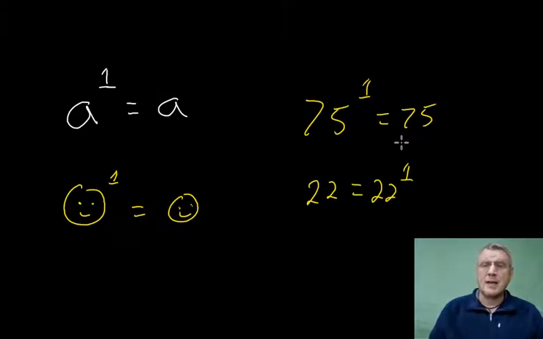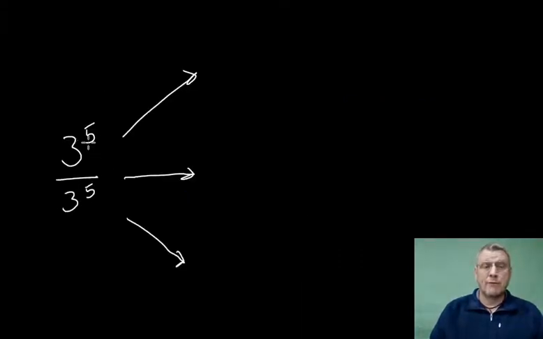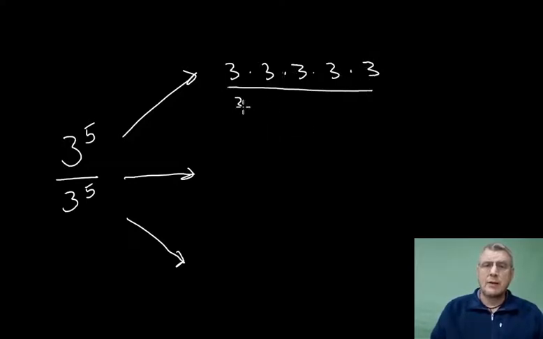But what happens if it's 0? I want to use division to describe that again. So here I have 3 to the 5th power divided by 3 to the 5th power. Now we can go ahead and right up here, we can write 3 times 3, I'm going to write that 5 times, all divided by 3 times 3 times 3 times 3 times 3.